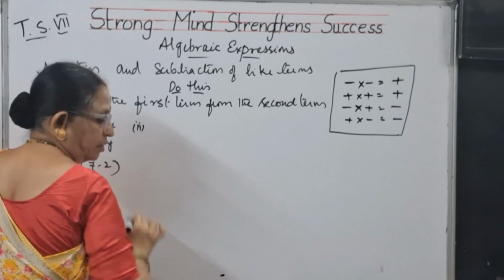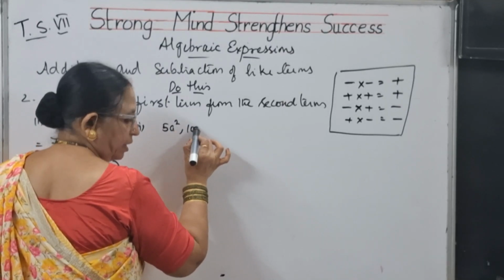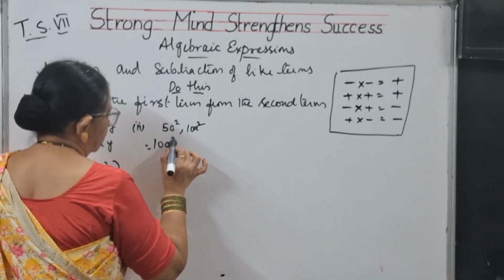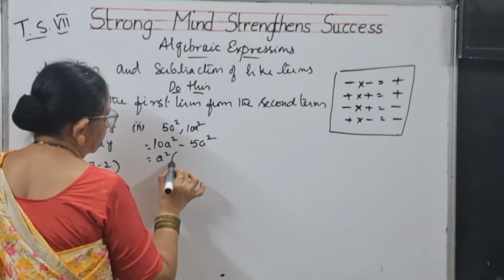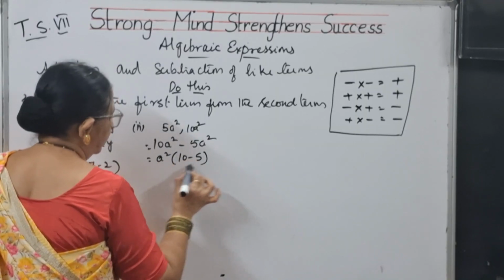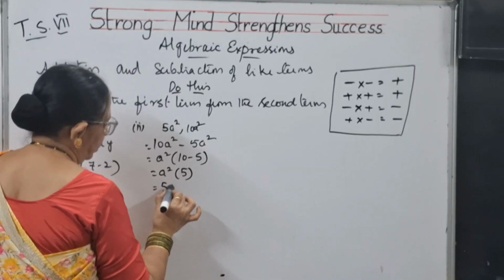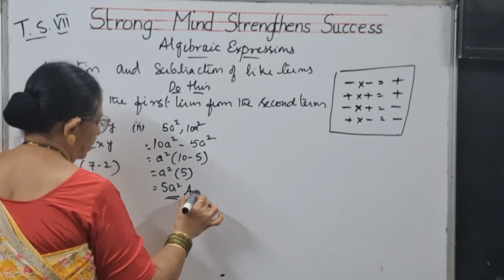And second bit, 5a square and 10a square. So second term minus first term. So in this a square is common. 10 minus 5, that is a square into 5, 5a square. This is the answer for the second bit.